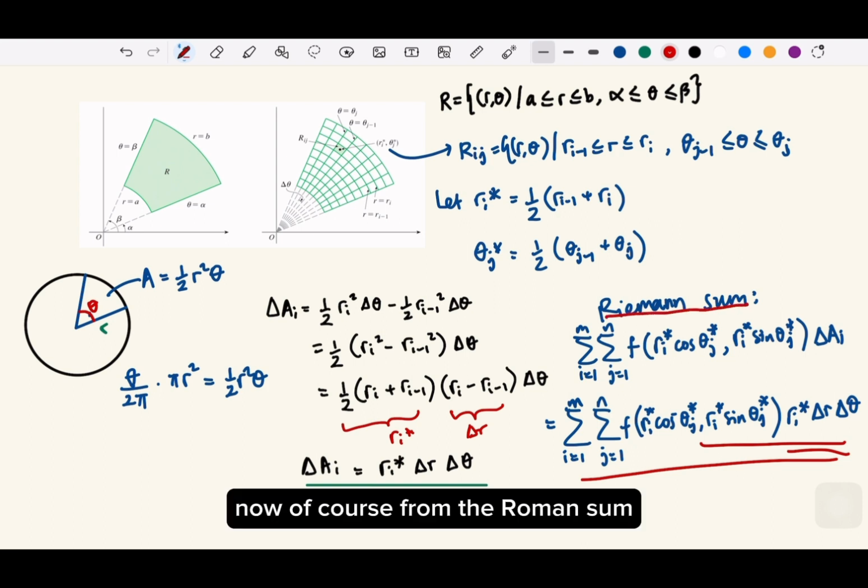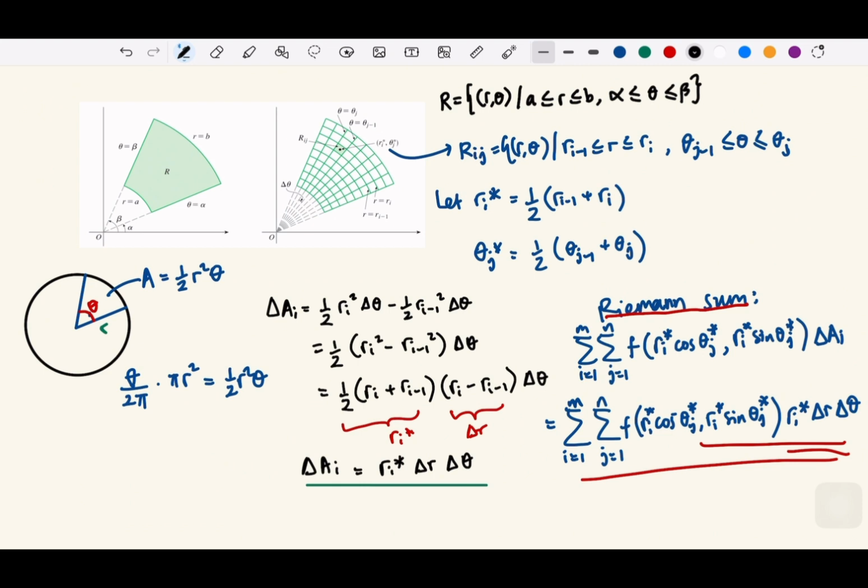Now, of course, from the Riemann sum, we could rewrite it as the double integral. We could write the sum, the sigma notation, as an integral.